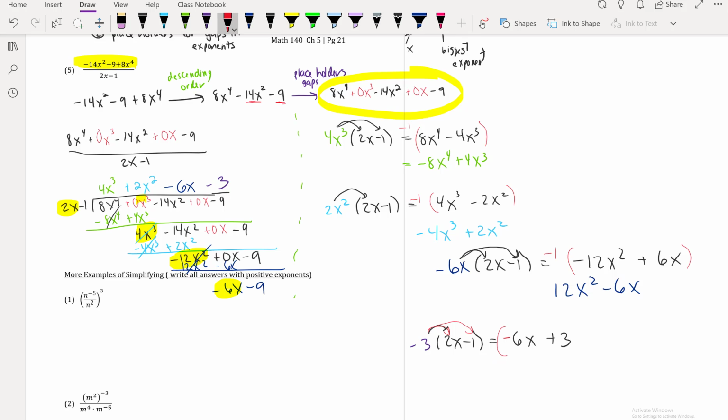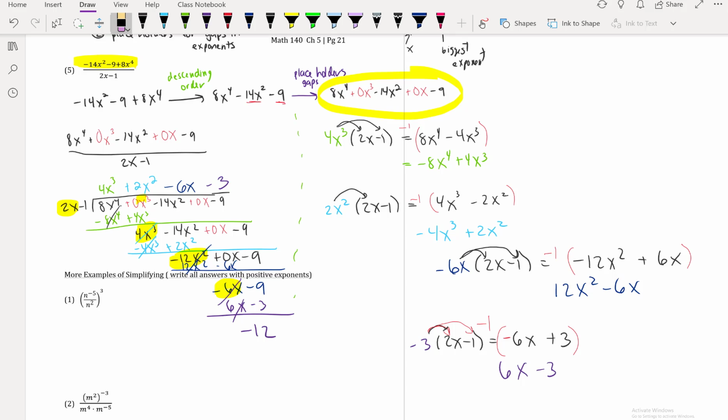So now I need to multiply everything by a negative 1, and I end up getting a positive 6x minus 3. There we go. So now I have a 6x minus 3. So that cancels, and negative 9 minus 3 is my negative 12. That ends up becoming my remainder.